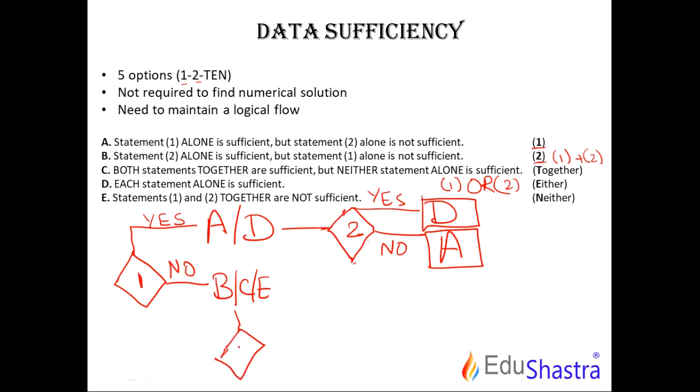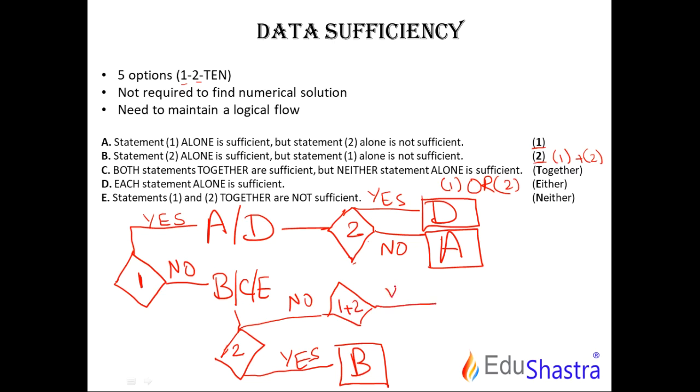You will now decide for second statement alone. If you have a yes, then your final answer is option B, and you stop. You don't do anything further. Your answer is B. If you have a no from here, then what you will do is you will combine both the statements, which means you will analyze 1 plus 2 taken together.